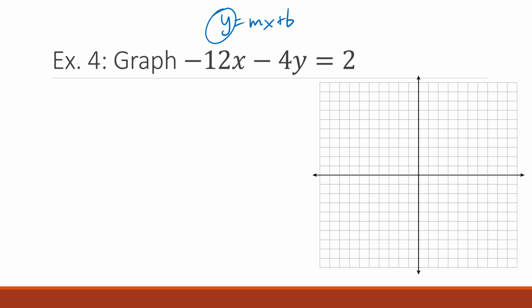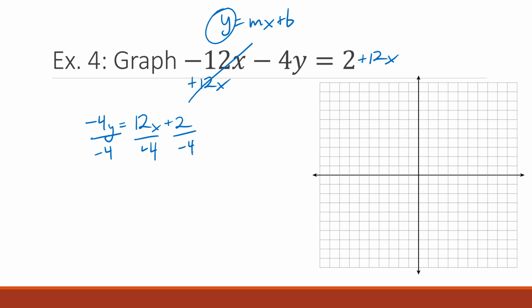To solve for y, I need to add 12x to both sides. That will cancel it here. So I have -4y equals 12x plus 2. All right, so now to continue isolating y, I'm going to divide by -4. And remember, that means I divide everything by -4.